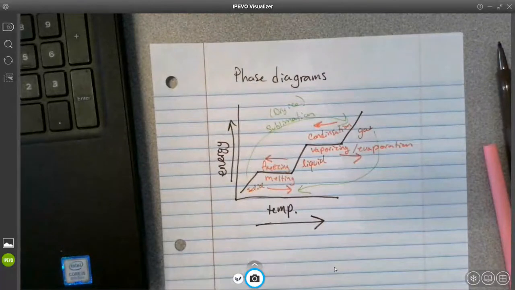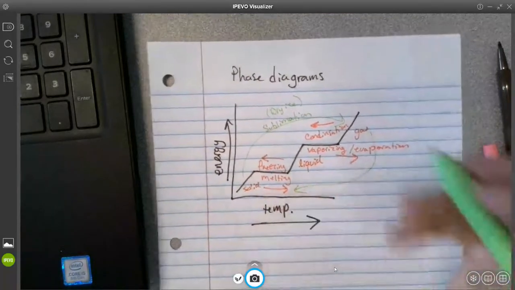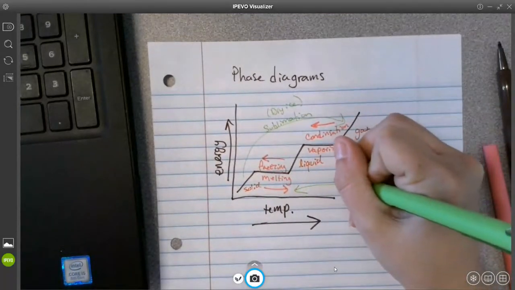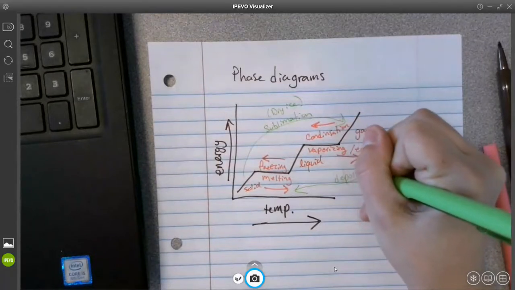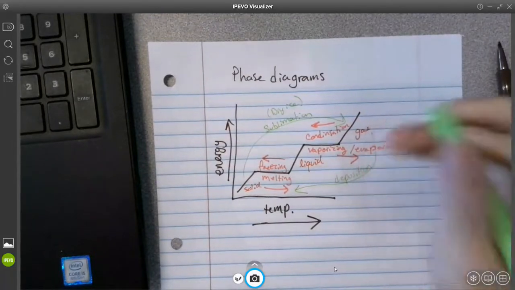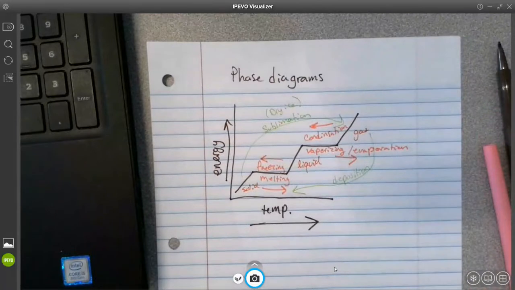When you have dry ice, it is in a solid phase and it's giving off all that steam or vapor looking stuff. That is actually your gas form of carbon dioxide, dry ice is a solid form of carbon dioxide. If you're going from a gas to a solid, that is going to be called deposition. So this is our full phase diagram.